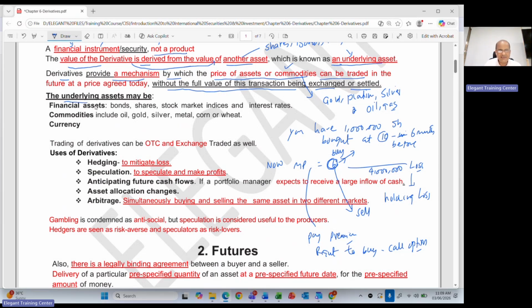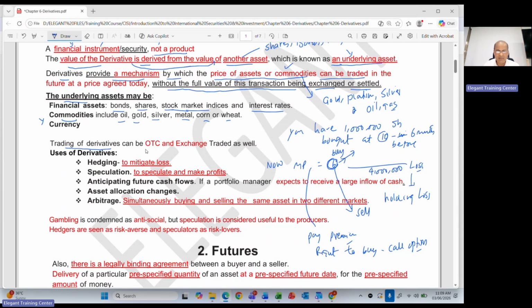The underlying assets can be bonds, shares, stocks, stock market indices, and also interest rates. Commodities also can be underlying, right? Derivatives of oil, gold, silver, metal, corn, wheat. We say commodity derivatives. And derivatives also can be taken on currencies, foreign exchange.